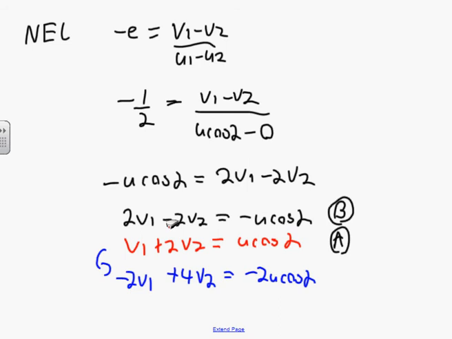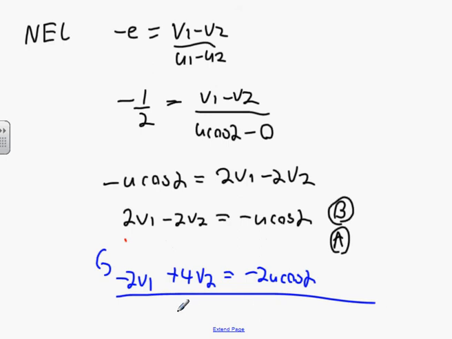Then I'll rub out the middle one and add directly down. 2v2 ends up to be, give me 1 second, minus 4v2.